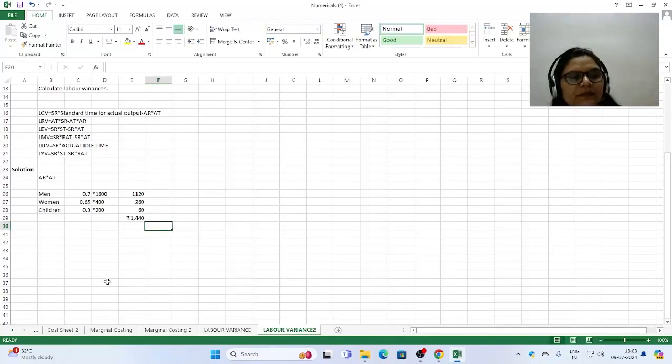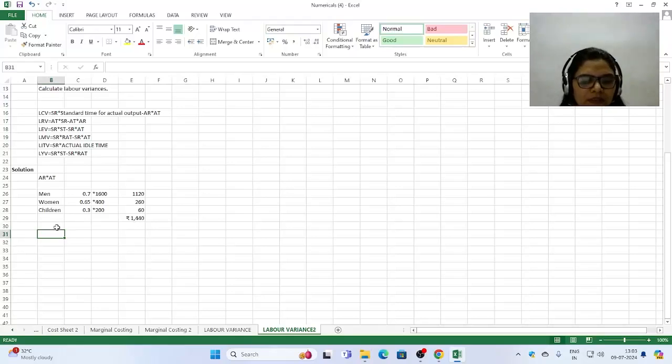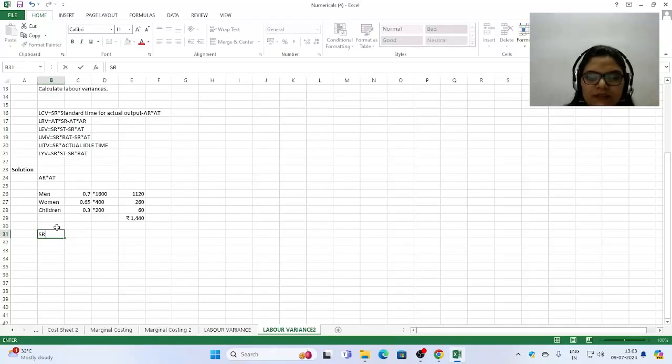Next is standard rate into actual time. It is required in solving the question. Now, how do we calculate standard rate?